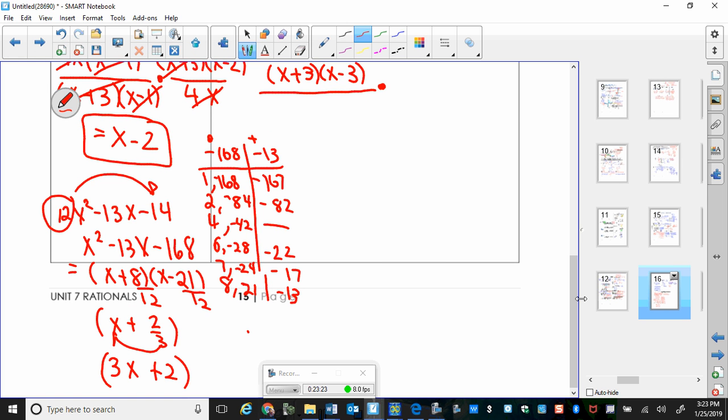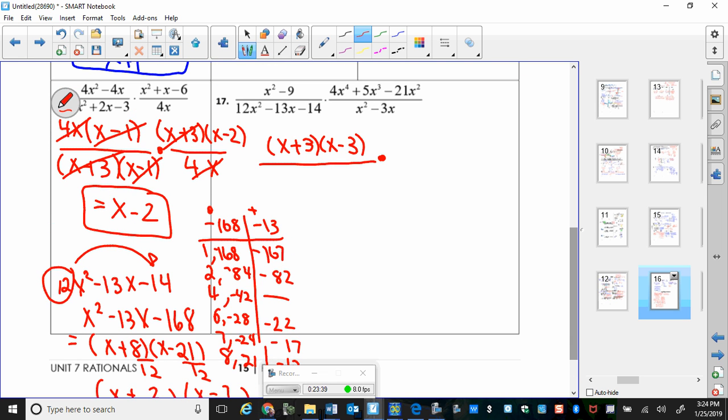On this side, we get simplified x minus 7 over 4. This swings over, becomes 4x minus 7. So we completed that side. So the quantity of 3x plus 2 times the quantity of 4x minus 7.